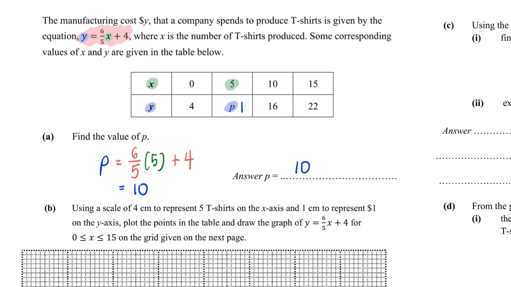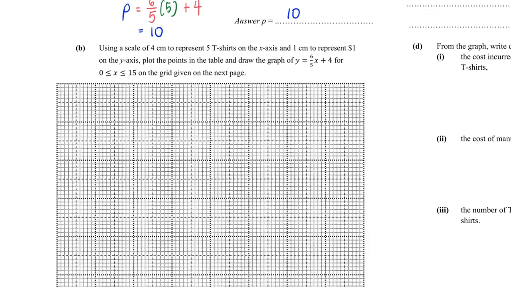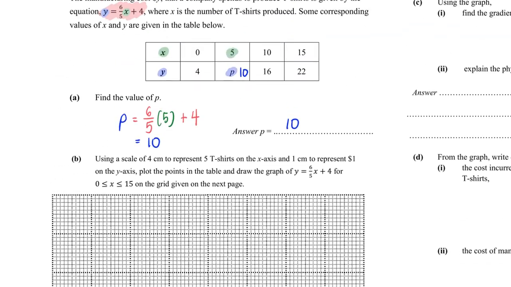Now that I know this is 10, I'm going to plot this particular table now. If we look here, do take note that the largest value of Y happens to be 22, and the largest value of X is 15, and that all are positive values.